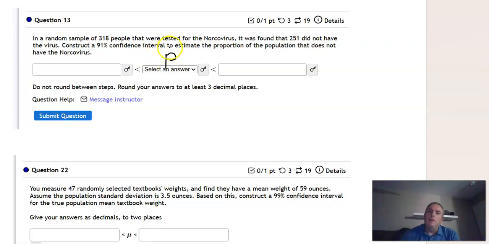The one that has the p and the little hat on top, that's the point estimate, which is the sample proportion, but we can calculate that. It's just 251 out of 318. The population proportion is what we're making an estimate of, and we're going to estimate that it's between two values that we find using technology with 91% confidence. All right, so let's go to our calculator.